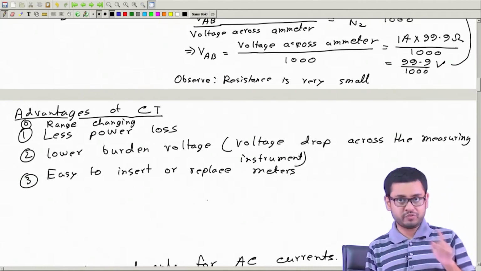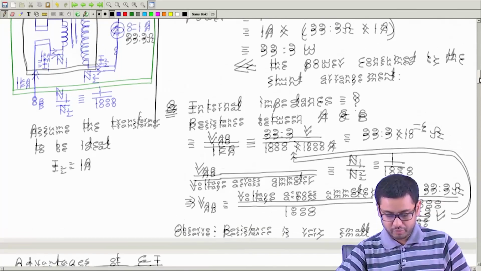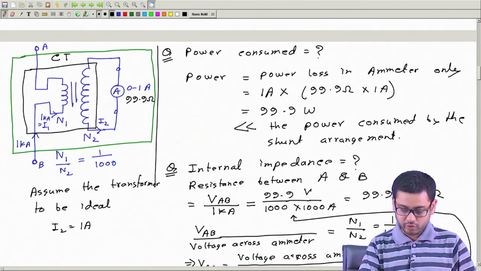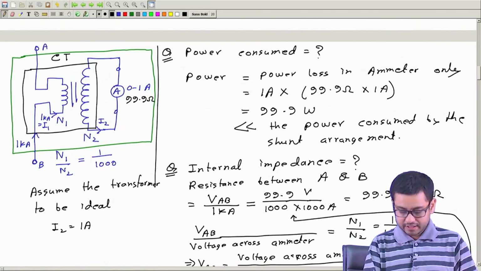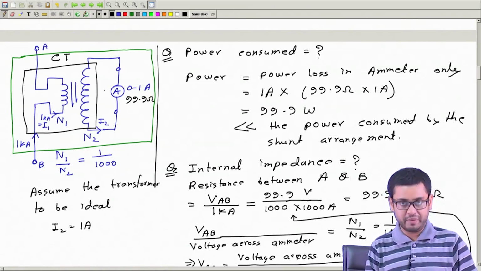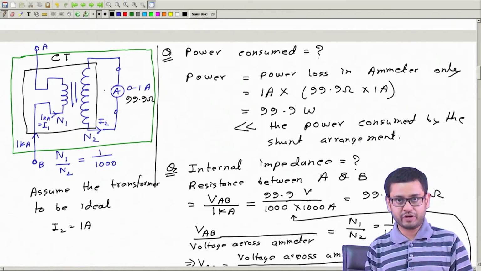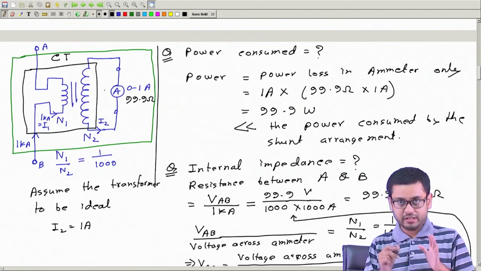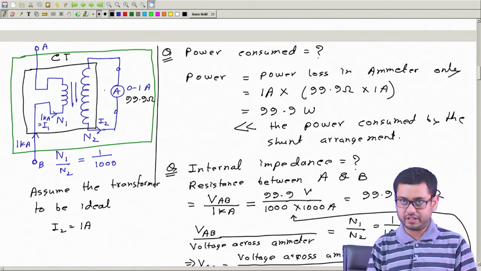And also one more thing you should know, that current transformer can also be used not to connect only ammeter. We can connect relay and other protective equipments also in the power system. What is a relay? What is the function of a relay or a circuit breaker? Say, the function of a circuit breaker is to realize whether the current level is going beyond acceptable level.